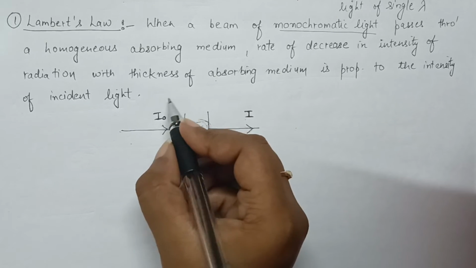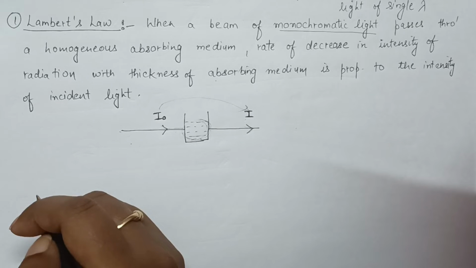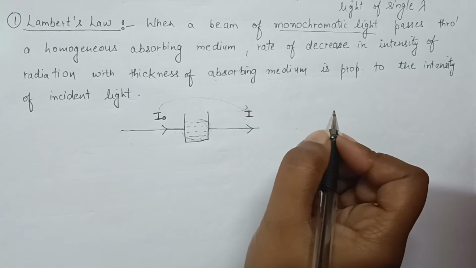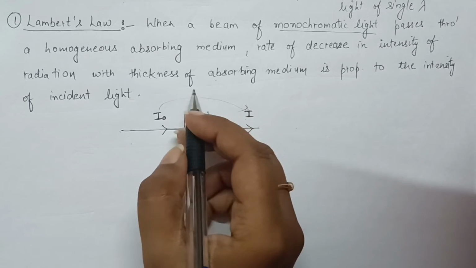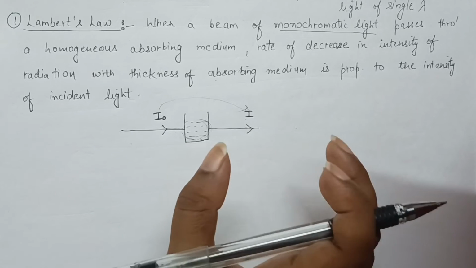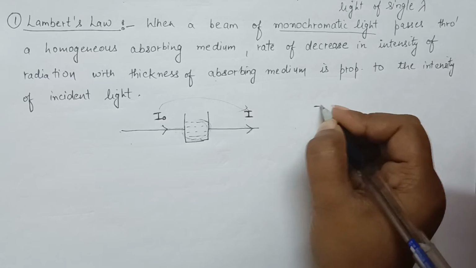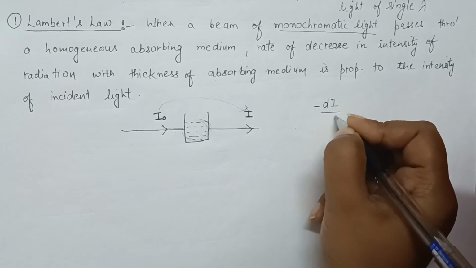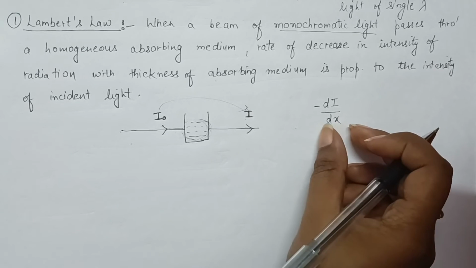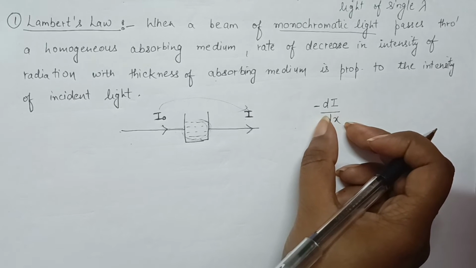That rate of decrease from I naught to I will be proportional to the thickness of absorbing medium. That means we are talking about minus dI by dx, where x is the thickness of absorbing medium.